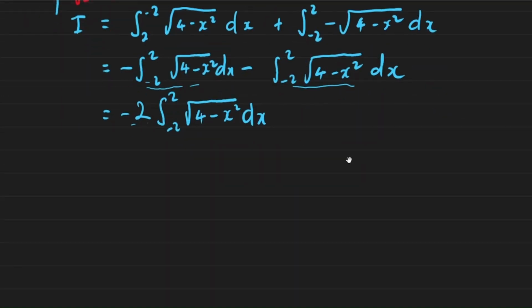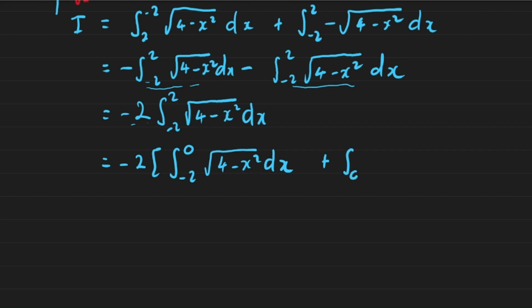So now we just split this up again just to make it a 0, so that we have a 0 in the integral. So that's minus 2 times, firstly, the integral from minus 2 to 0 of the square root of 4 minus x squared dx, plus the integral from 0 to 2 of the square root of 4 minus x squared dx. So there's some symmetry involved here.